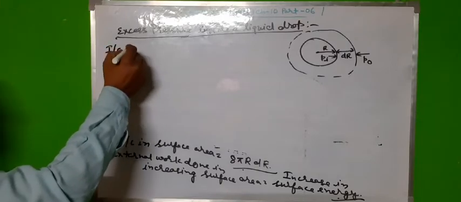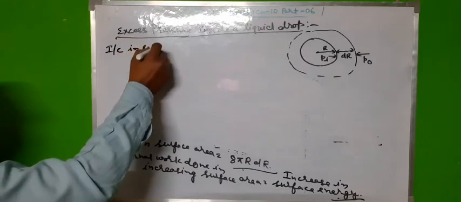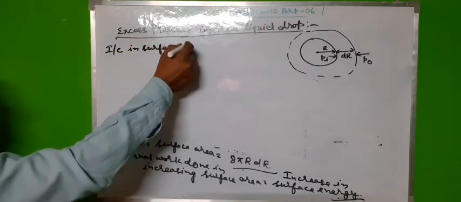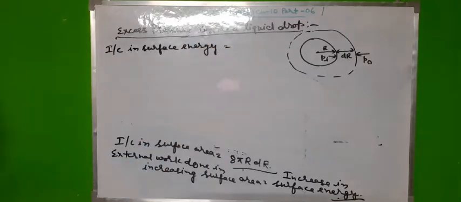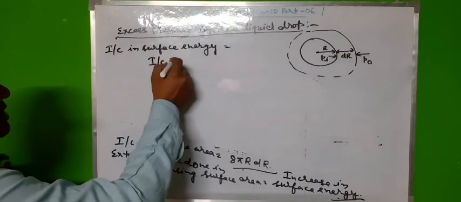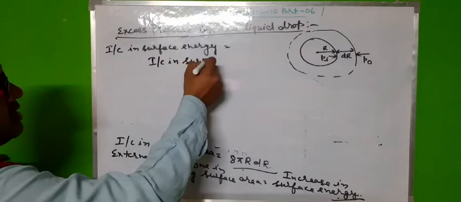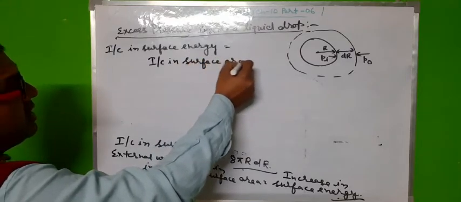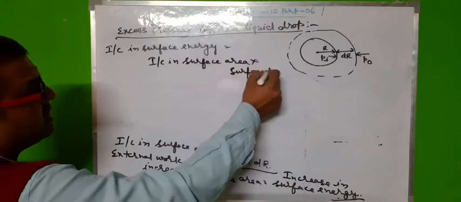So the increase in surface energy is the increase in surface area into surface tension.